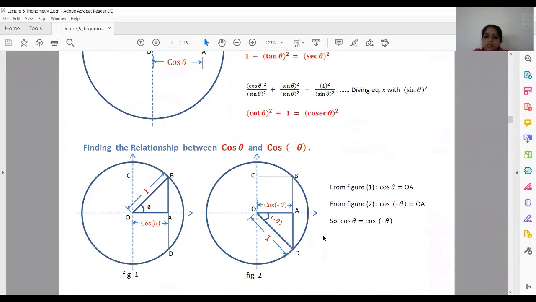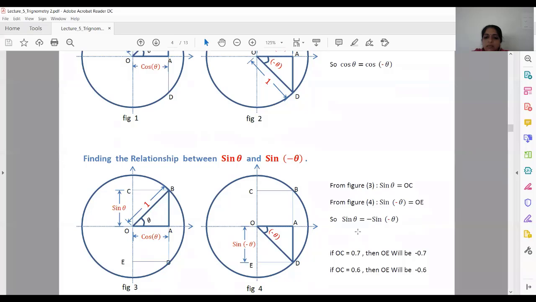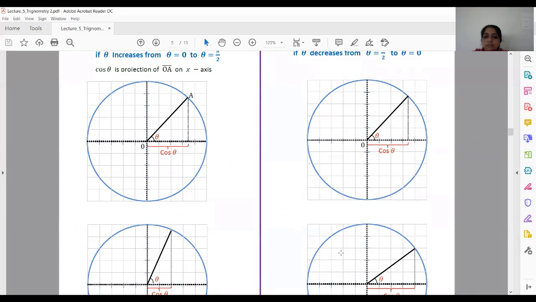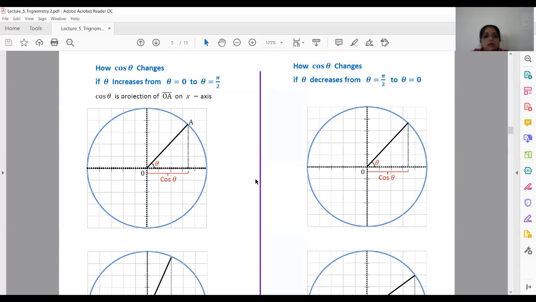Then we also learned that cos theta is equal to cos minus theta, right? The next one is sin minus theta is equal to minus sin theta. Another topic is that when theta increases in the first quadrant, cos theta decreases, and when theta decreases in the first quadrant, cos theta increases.